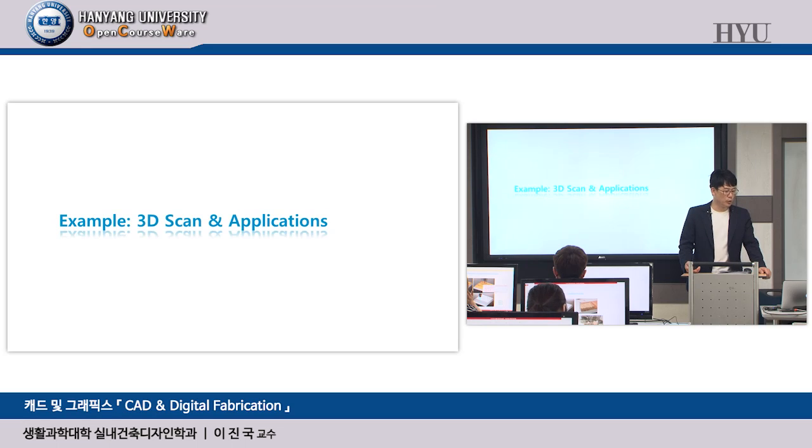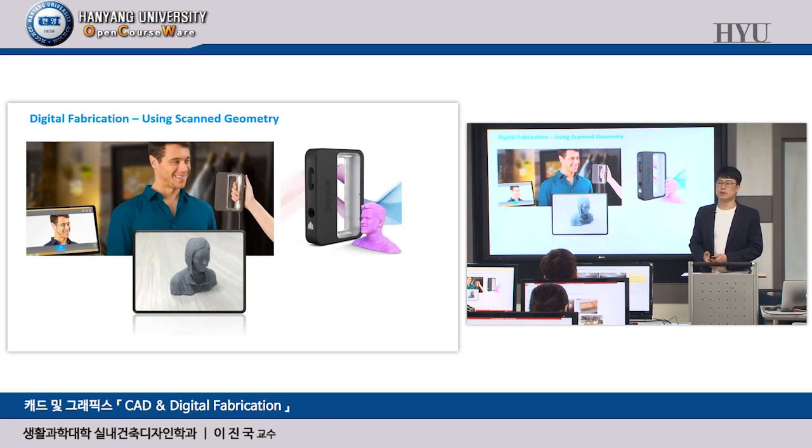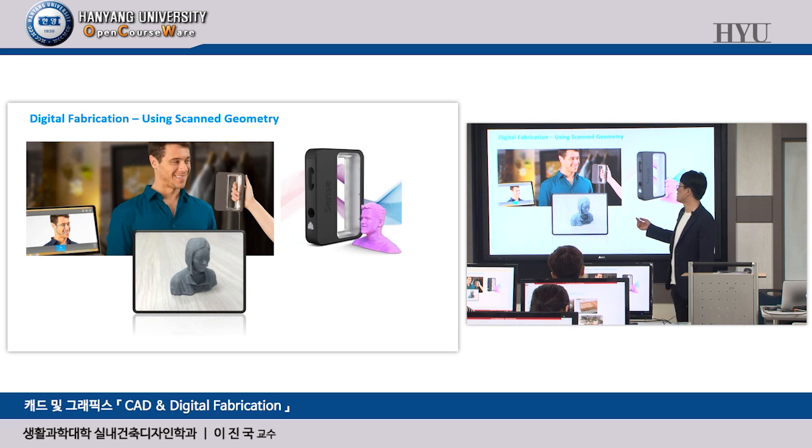Let's take a look at some more examples. As I showed you before, in our device lab, our equipment lab, there is a 3D scanner like this. So even if you don't have some computer tools, we can get this kind of 3D shape, okay?